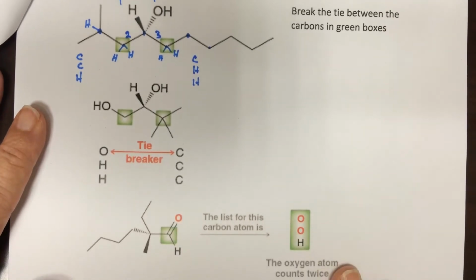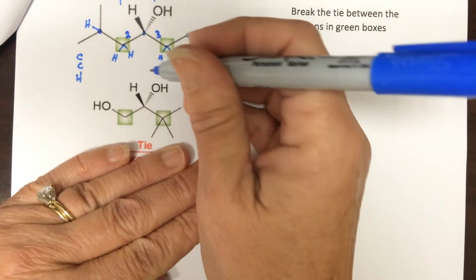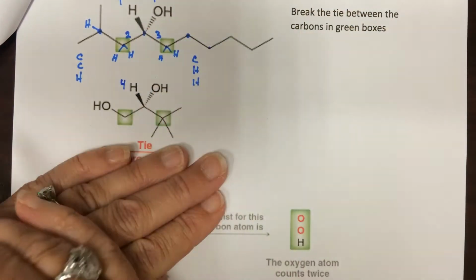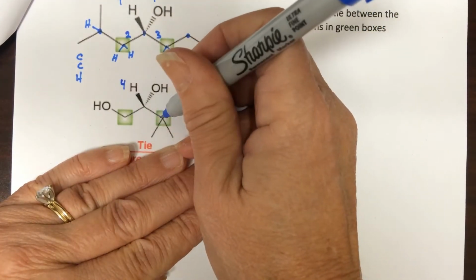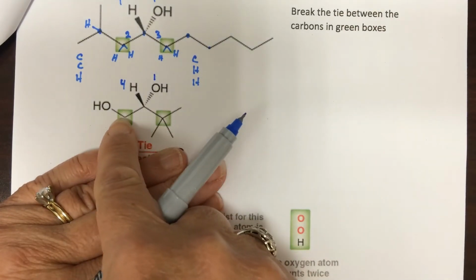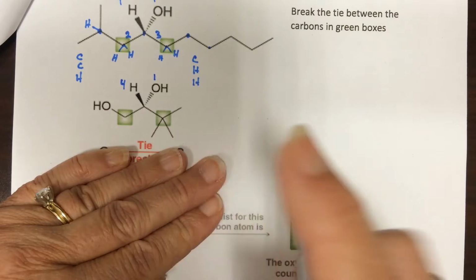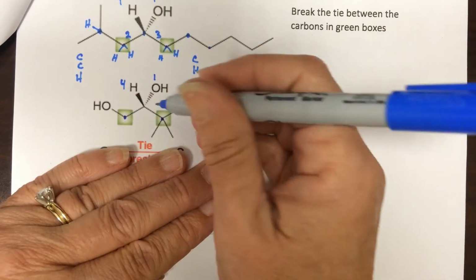So let's look at another example. Very similar. We've got a hydrogen. We know that's going to be number 4 because with an atomic number of 1, nothing's going to compete with that. And we've got 2 carbons, and this is an oxygen, so the oxygen is going to be number 1. We need to decide which one of these is going to win. These are both carbons.